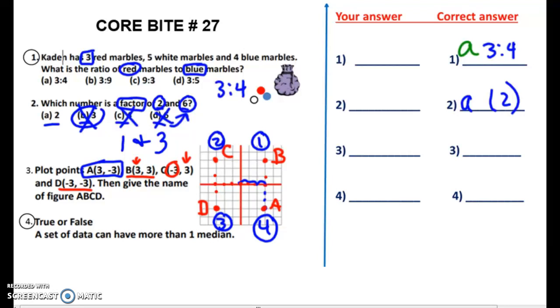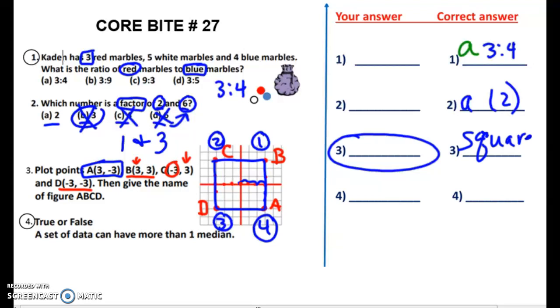Now that you have all 4 points graphed, we're just going to connect these and make a shape. And I want you to study that shape and write the name of the shape in blank 3. Pause your video and do that now. You should have written square.